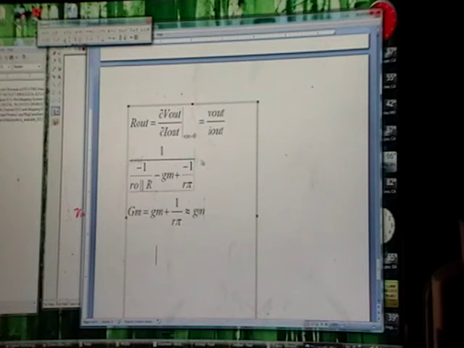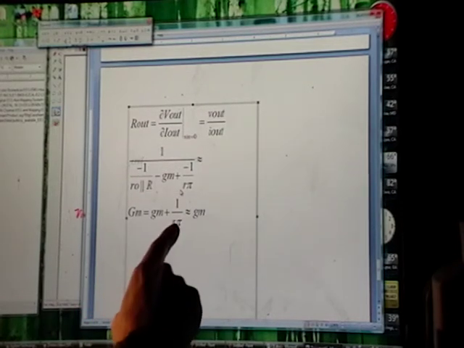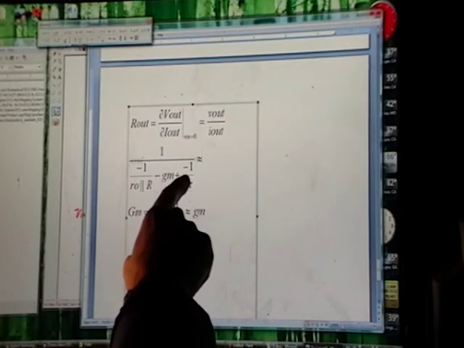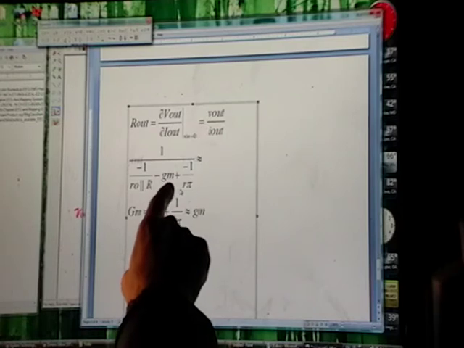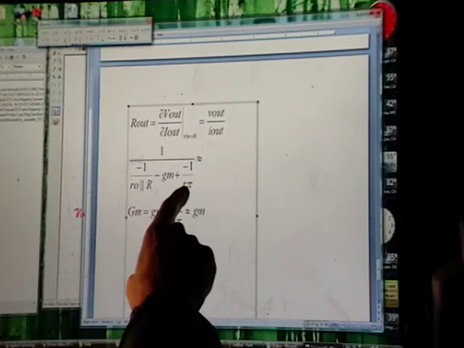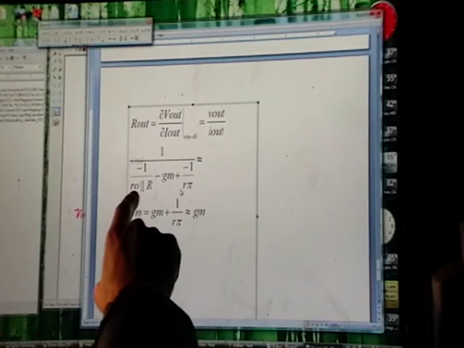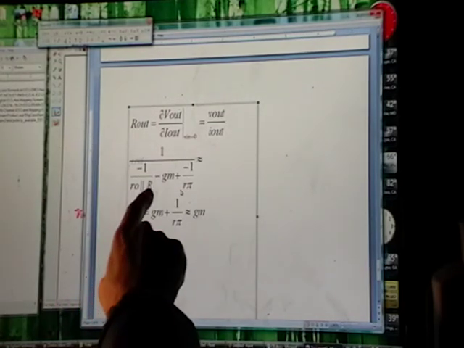Okay. Now let's look at r out. So here we've got GM. We've got the same thing going on here, and down here we just ignored 1 over r pi. We've got GM plus 1 over r pi. Right? And if you assume that r is on the order of r pi, remember RO is going to be pretty darn big compared to r.